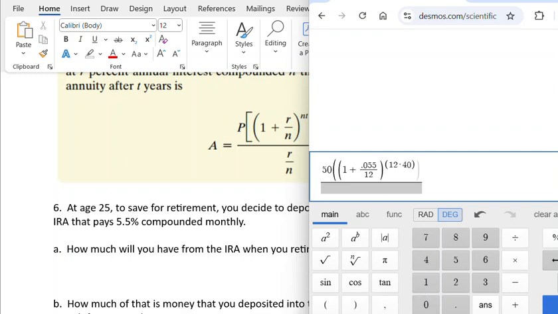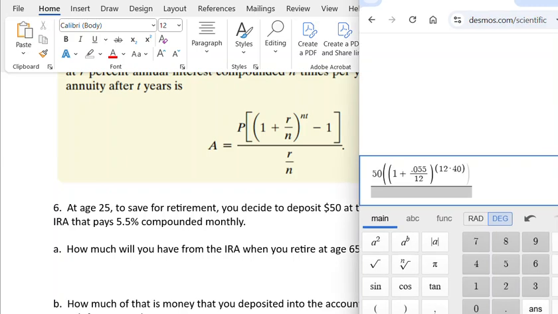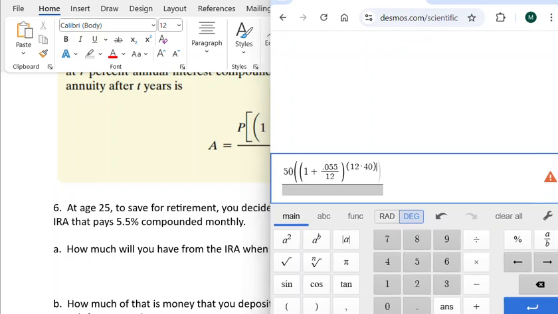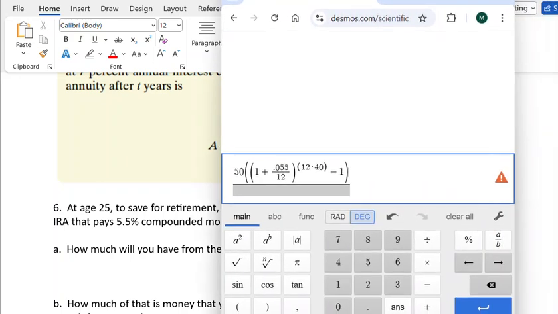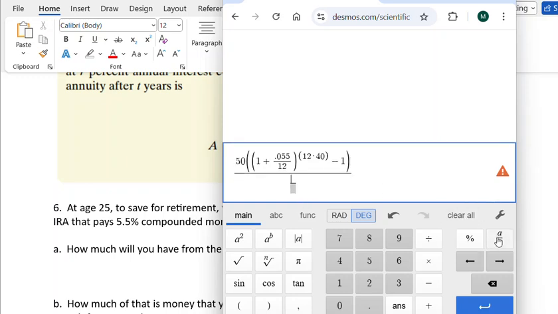And then in my formula, after I have that exponent, I have a -1 before I close the square bracket, or on my calculator, it's a parenthesis. I'm going to go down here and type -1 and then close parentheses. My denominator is R over N. So go down here, put another fraction bar in, and 0.055 divided by 12 again.